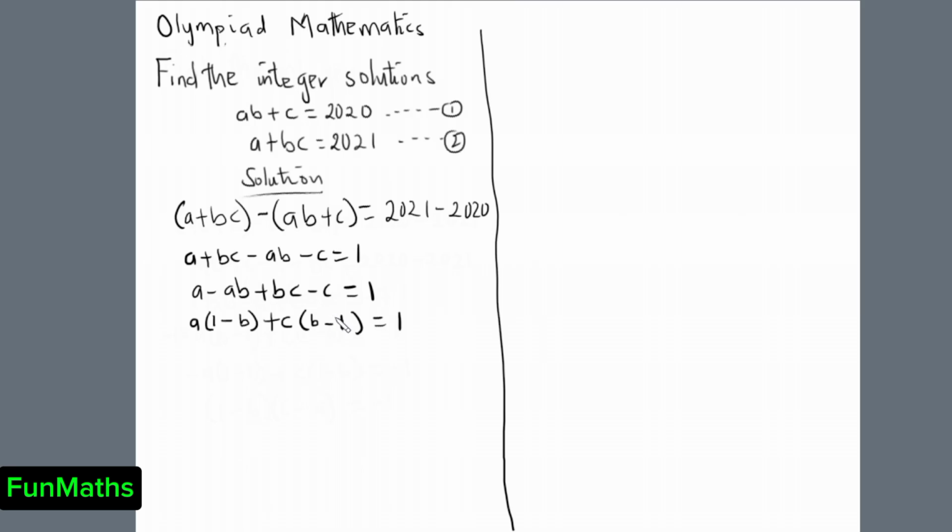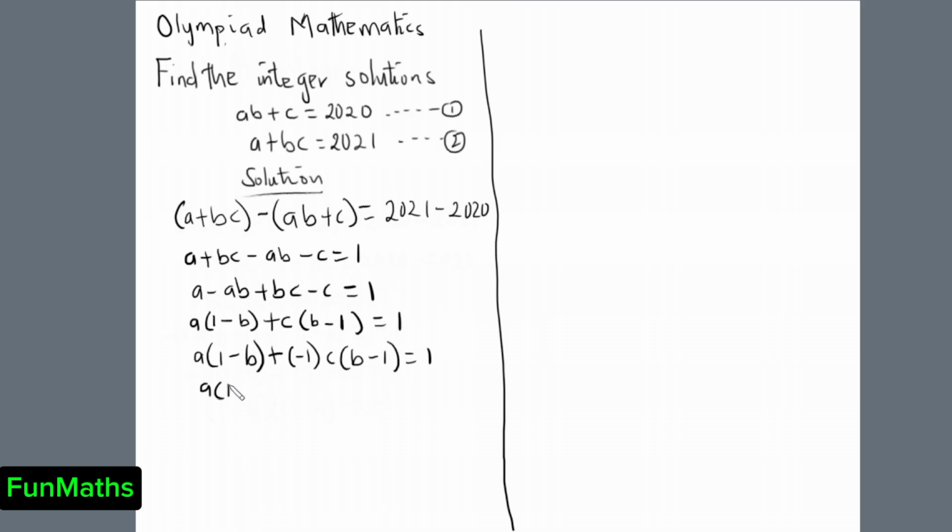Now, if you look at it carefully, you discover that 1 minus B is here, and then we have B minus 1. If I can flip it and make it 1 minus B, then it will be easier for me. How do I do that? I multiply everything here by minus 1. Okay, so we have A into 1 minus B, plus, multiplying by minus 1, C into B minus 1 equals 1.